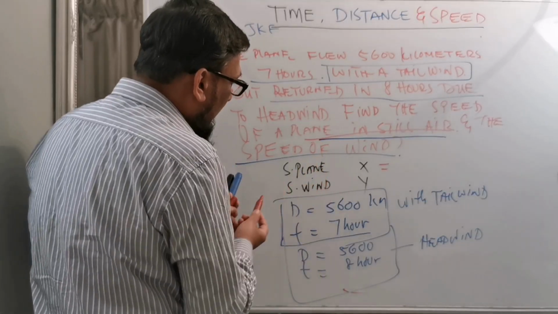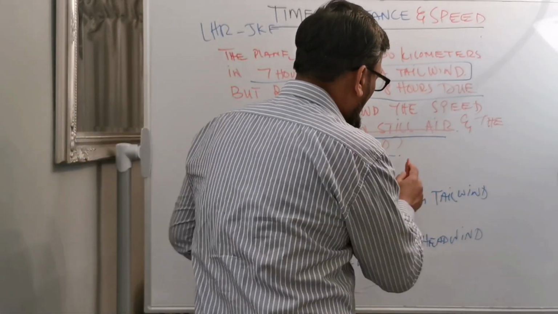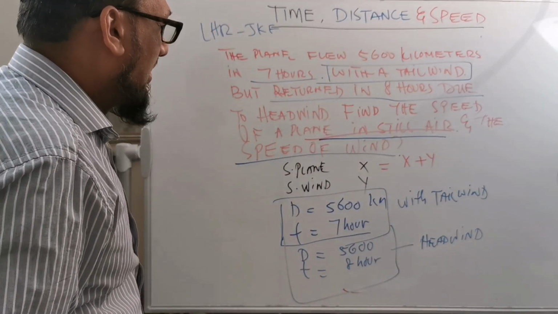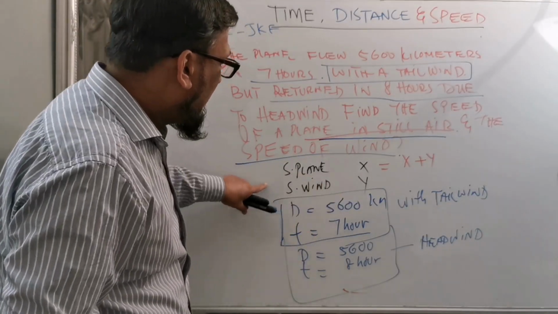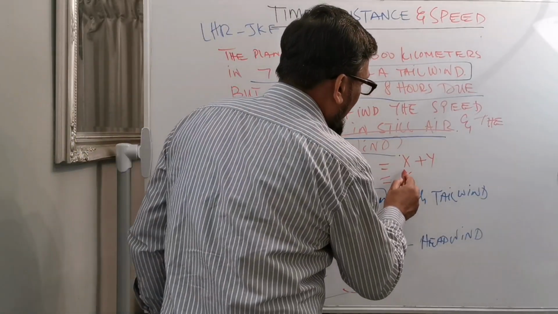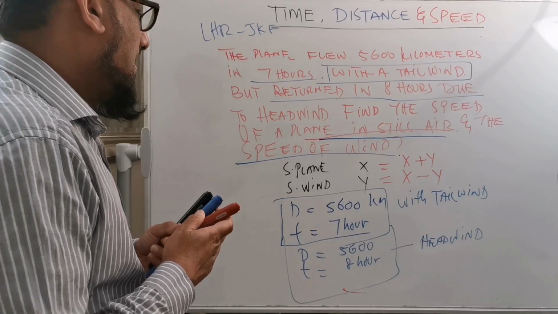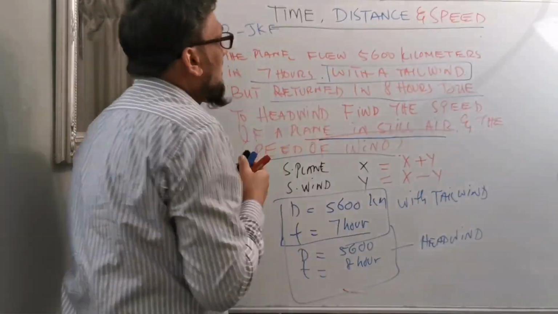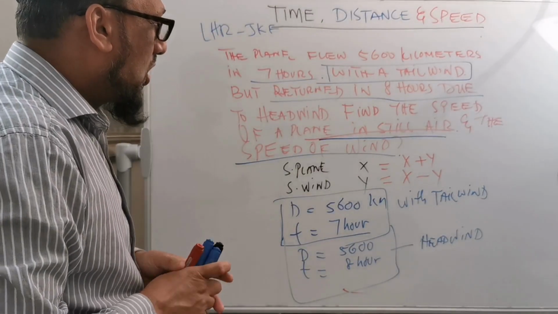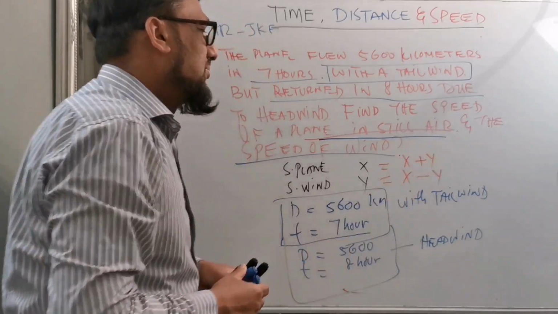If I say the speed of a plane with wind, I can write x plus y, and the speed without wind, I can write x minus y, because from LHR to JFK is coming with a tailwind, so it means the speed of the plane and the speed of the wind together, x plus y.